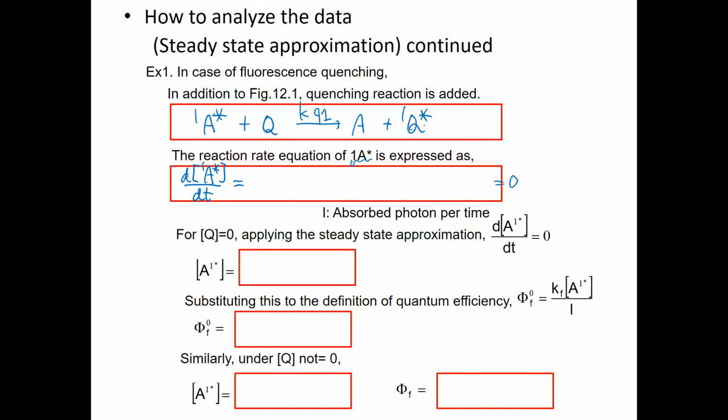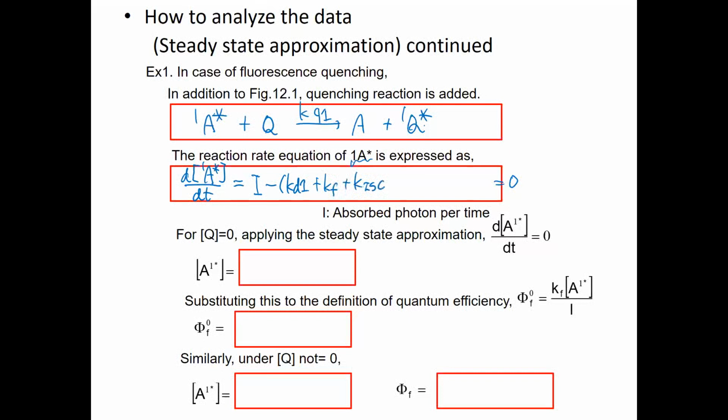And how can you write this equation? The formation of A1 star is proportional to the light intensity. And this one decays due to the internal conversion, fluorescence emission, and intersystem crossing.